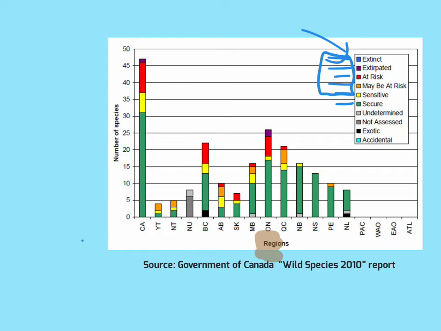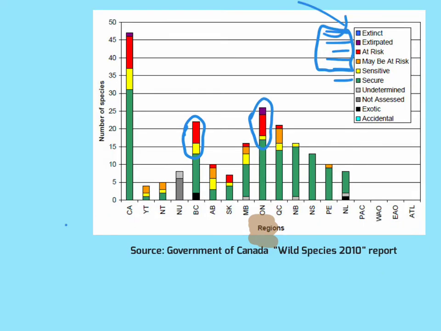For example, quite a few of the species in Ontario have issues, and in BC there's a growing problem with the population of amphibians also. So that is a key worry based on some of the things that we know amphibians are doing for us and the general health of ecosystems.